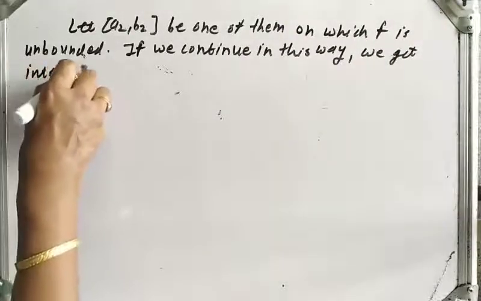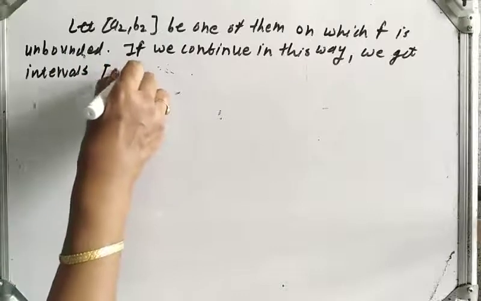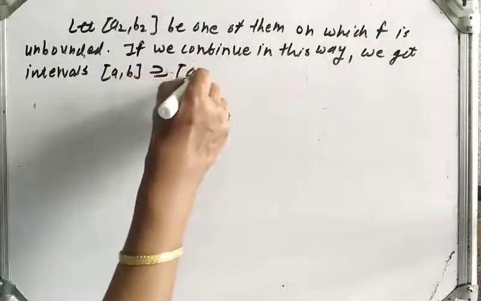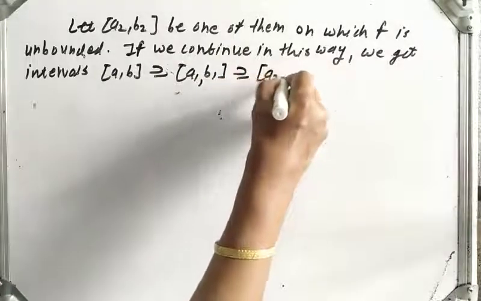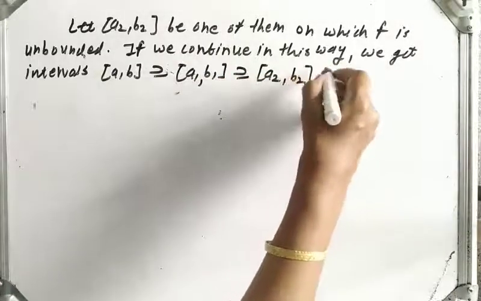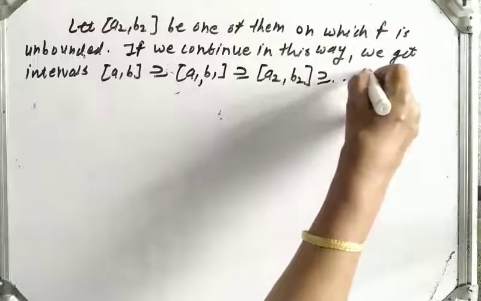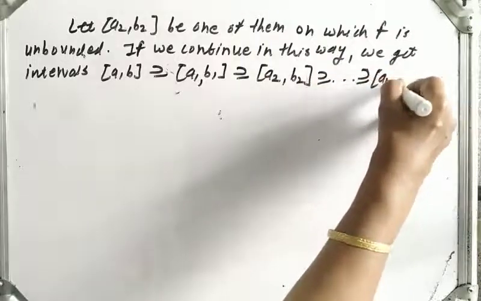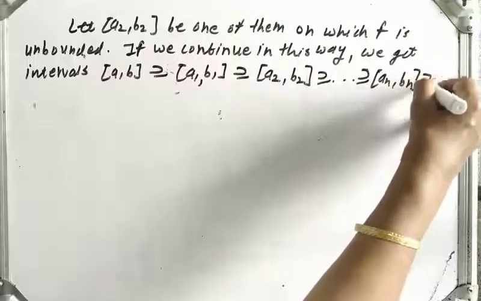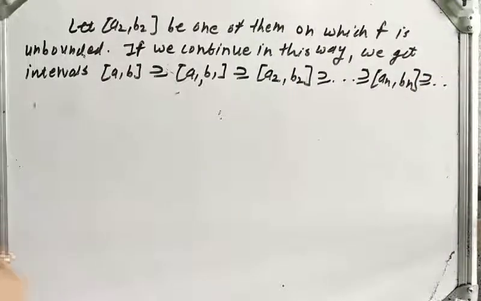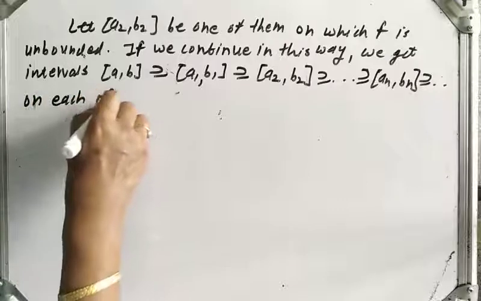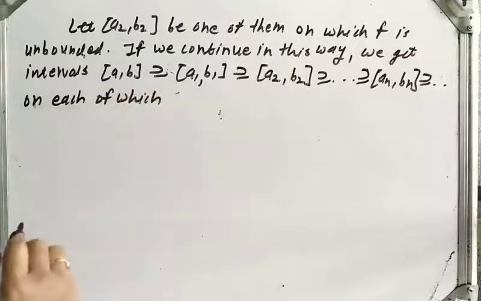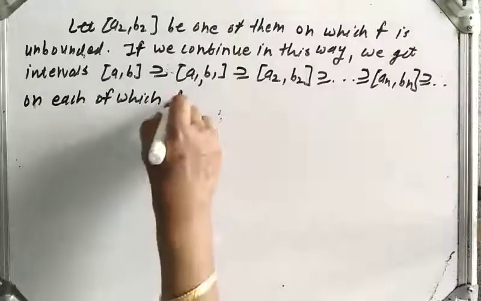Intervals AB contains A1 B1 contains A2 B2 contains dot dot dot contains AN BN contains and so on, on each of which f is unbounded.